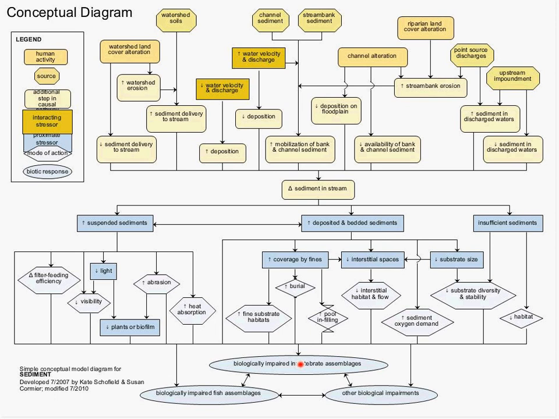So it's setting up the chain of events from biological impairment back to the human activity and the source that started it. So it's really just thinking about how could this have happened given all the stressors that I have.